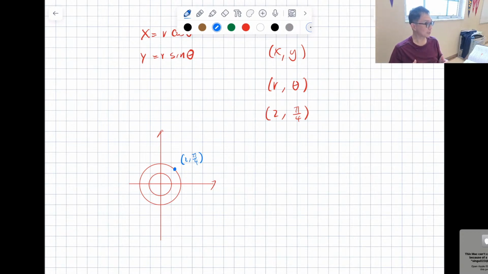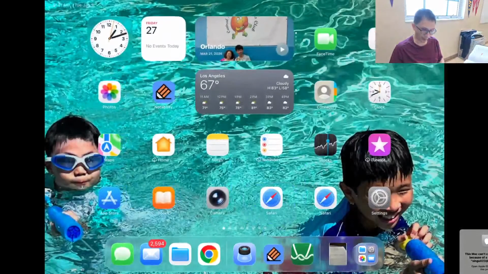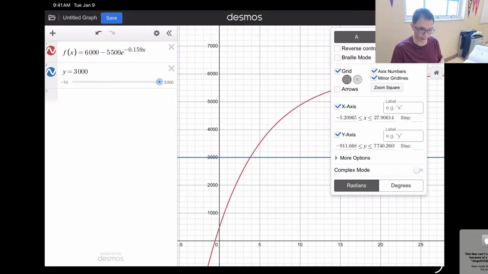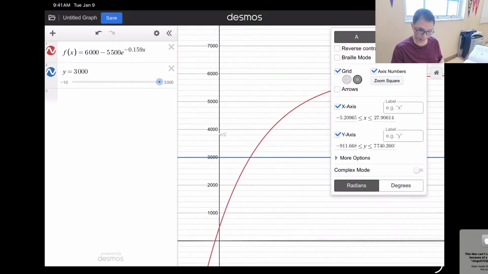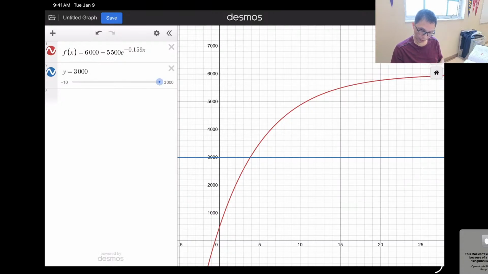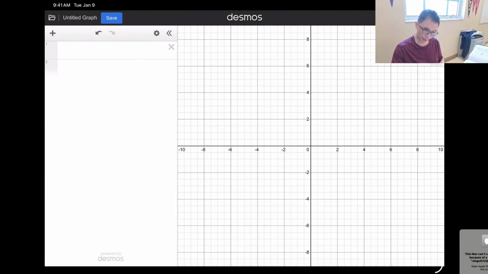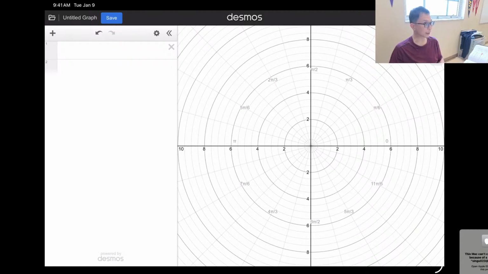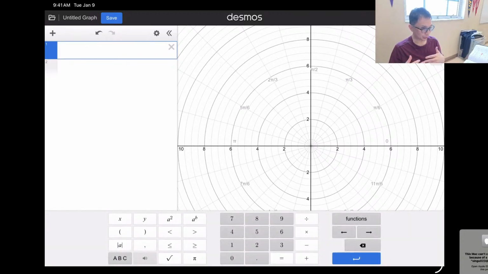Now I want to show you on Desmos. Desmos does have a polar coordinate. Let me home and clear this, and then polar. It looks like this. The only problem is I don't know how to enter a coordinate in the polar equation on Desmos.